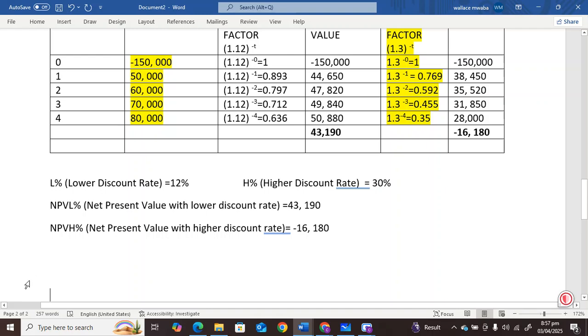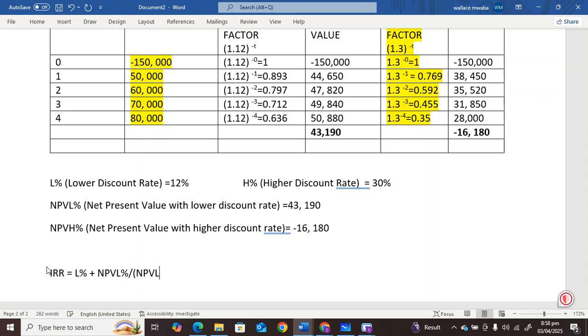So the formula for the internal rate of return: the lower discount rate plus net present value with the lower discount rate, divided by the net present value with the lower discount rate minus the net present value with the higher discount rate, open brackets, the higher discount rate minus the lower discount rate.